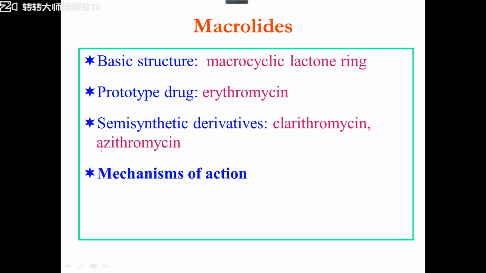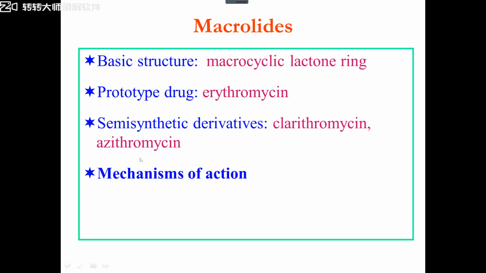So azithromycin, the Chinese name is 阿奇霉素. Because azithromycin is the most widely used agent in clinic to treat some infections. Later we will explain. So in this part, the prototypical agent is erythromycin, 红霉素. But in clinic, the most widely used drug in this kind is azithromycin, 阿奇霉素.